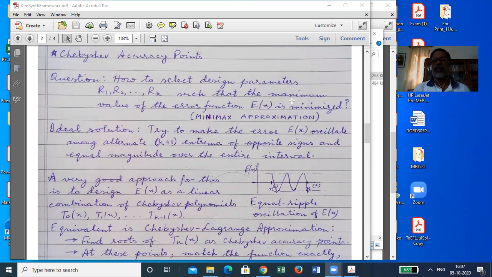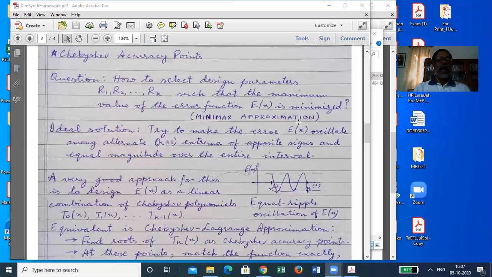Why create so much fuss about this little one? So that is the topic of minimax approximation. Minimax approximation, which is also called Chebyshev approximation, is a very powerful and extremely interesting topic in approximation theory. I advise you to go through it sometime. It's pure intellectual pleasure.